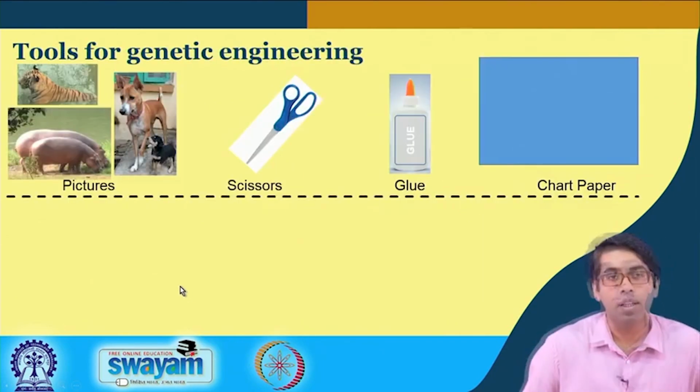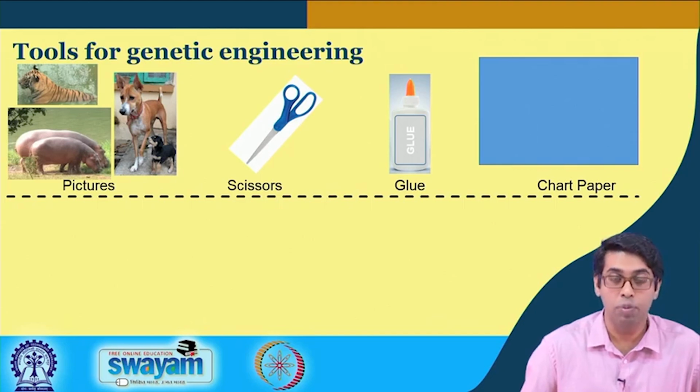Okay. So, what are the tools for genetic engineering? As you have seen, it involves a lot of cutting and pasting, right. It is very similar to making a collage. Suppose you have all these different pictures and you want to make a collage out of them.